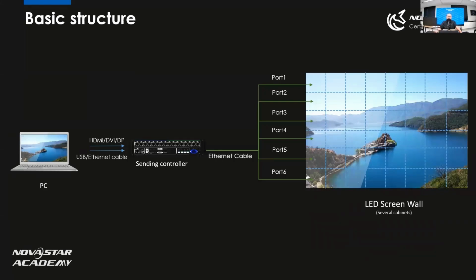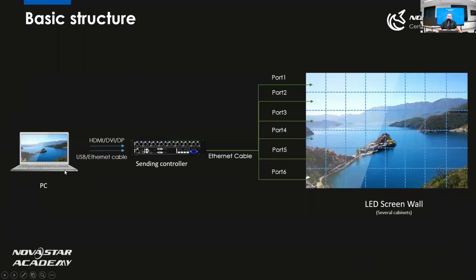We use an HDMI, DVI or DisplayPort cable to provide the video source from the PC to the sending controller. The PC also acts as the console. We use a USB cable or an Ethernet cable to provide the control signal to the controllers.